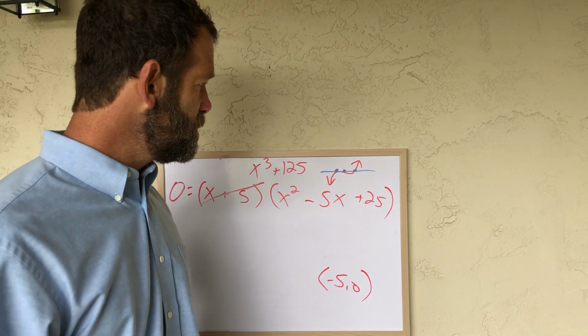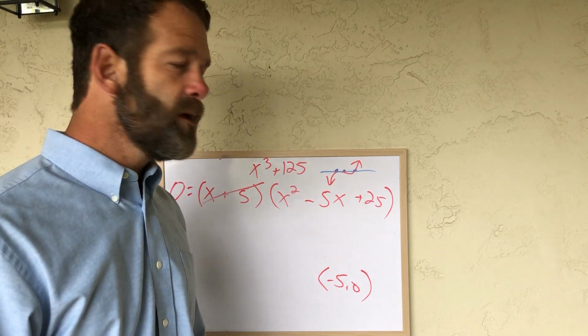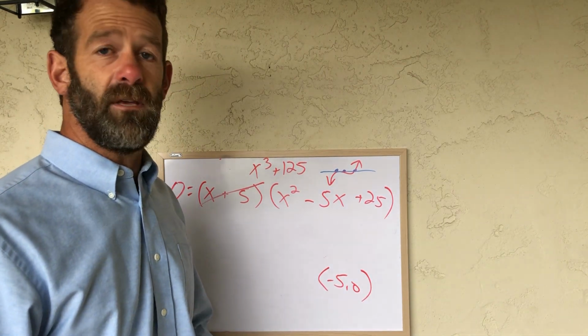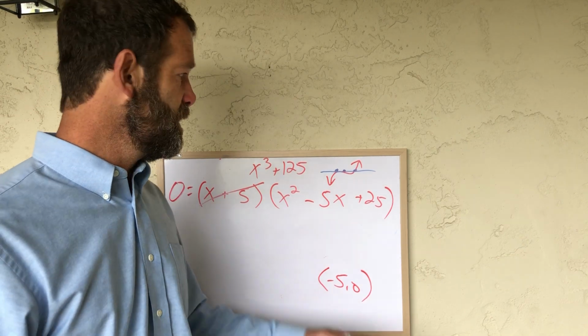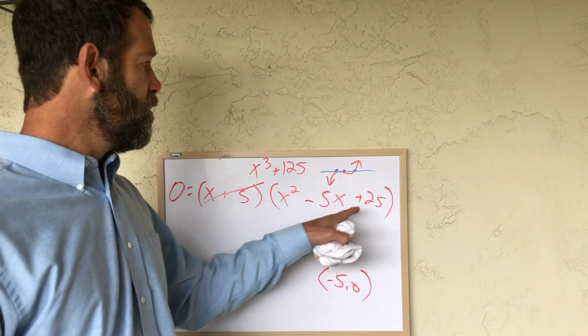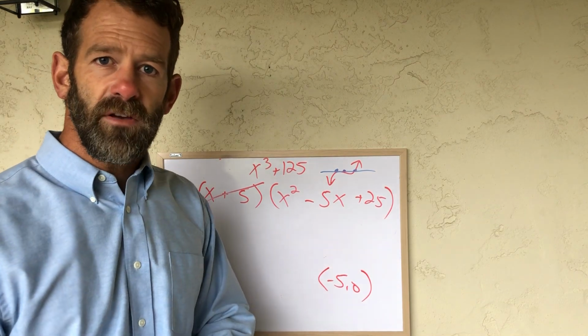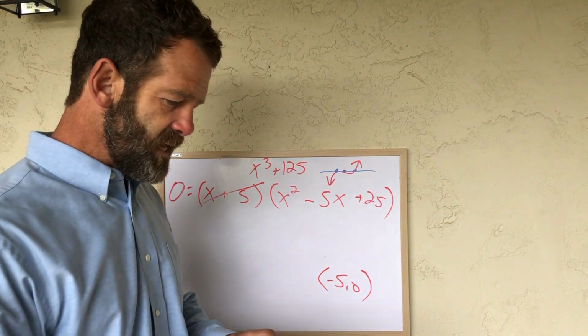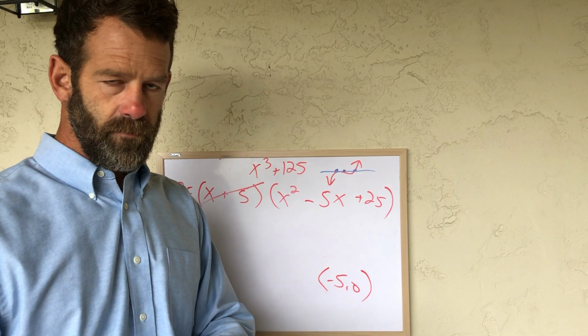So when those 2 numbers don't exist, but you know it's factorable, you use something called the quadratic equation. I'm not going to do that, but if I use the quadratic equation, what I would end up getting is 2 different roots. And then I would have my 3 roots.